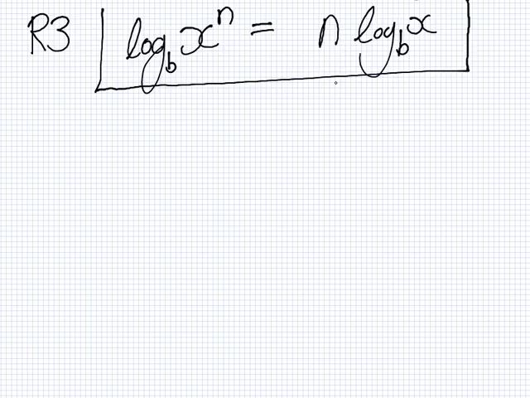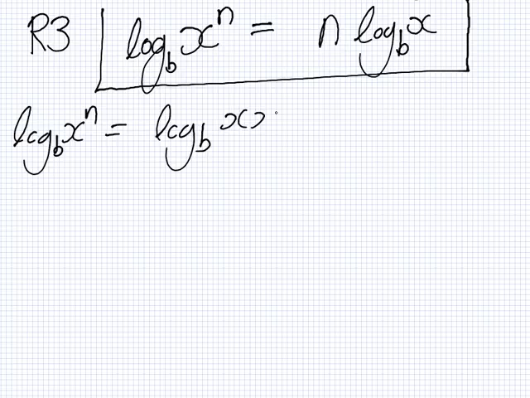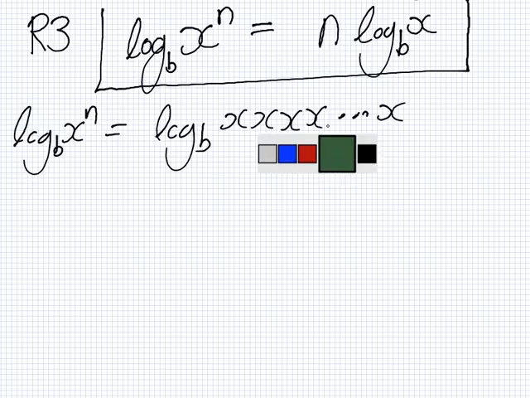Okay. Again, we'll do the proof for this one. And in fact, for this one, you can use the first rule. Because what you can say is log_b(x^n) is equal to log_b(x · x · x ... ). How many x's will I have? n x's.